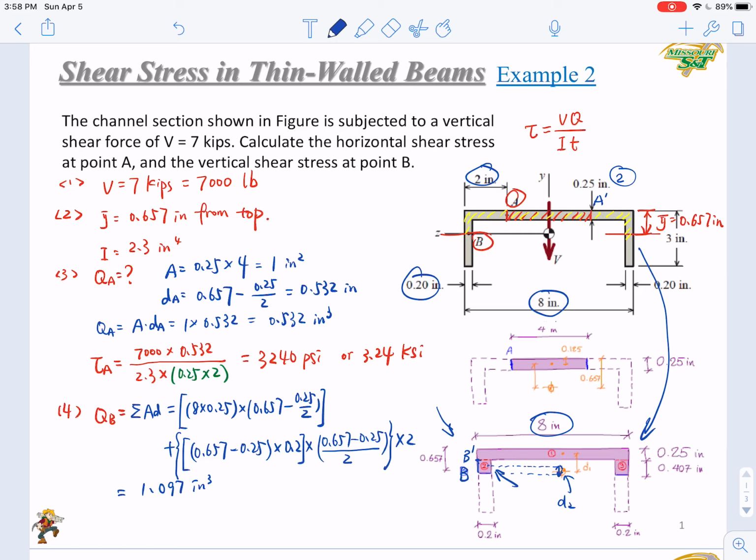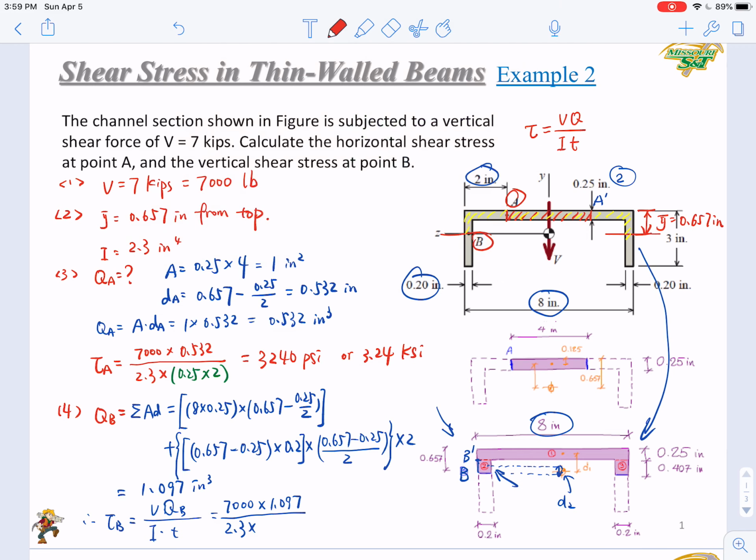Then in the end, we can calculate the tau B. Just VQB over IT. Here's the V. We already have the V value, that is 7,000 times QB is 1.097 over I, that is 2.3 times.